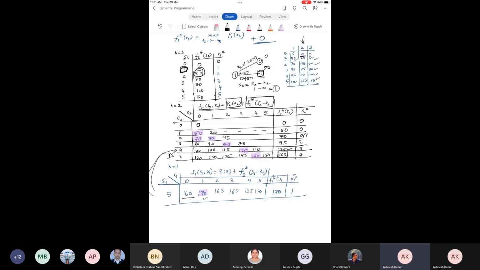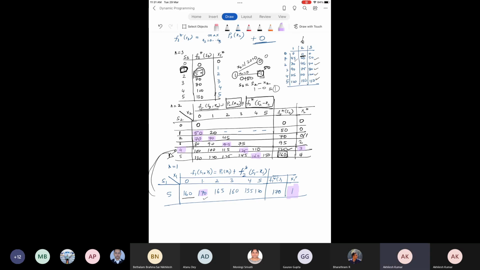So how many teams to country 1? 1. So let's start tracing back. Country 1, 1. If X1 star is 1, what state will you be in stage 2? 4. If you are in stage 4, what is the X2 star? 3.